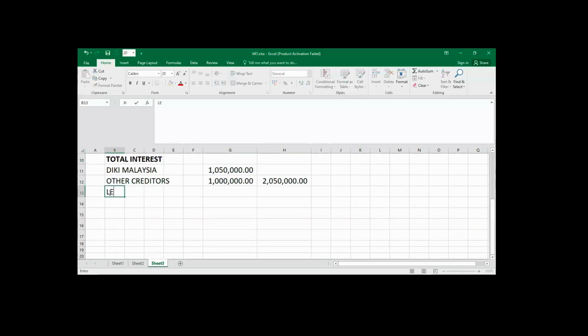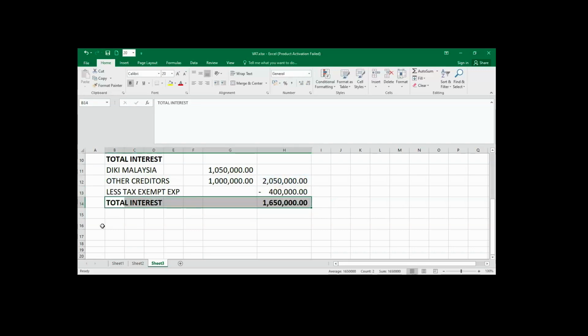So expenses that relate to tax-exempt income, which is 400,000, must also be eliminated from this total interest. So the total interest will now be 2,050,000 minus 400,000, which is 1,650,000.